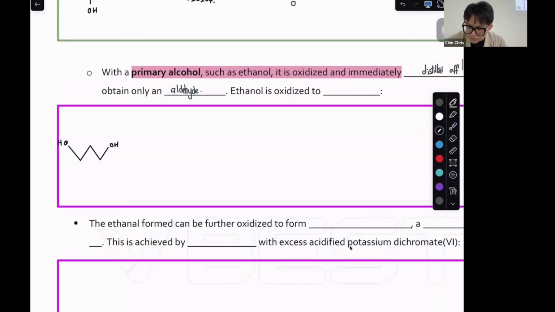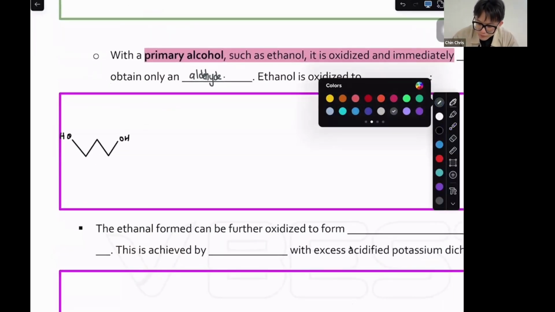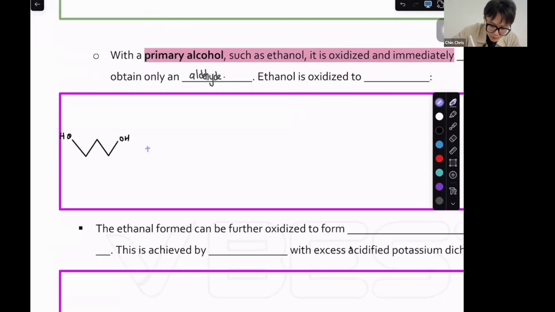Alright guys, now let's say I put it under oxidation. I want you guys to draw it smaller. And I put it under distillation with KMnO4.